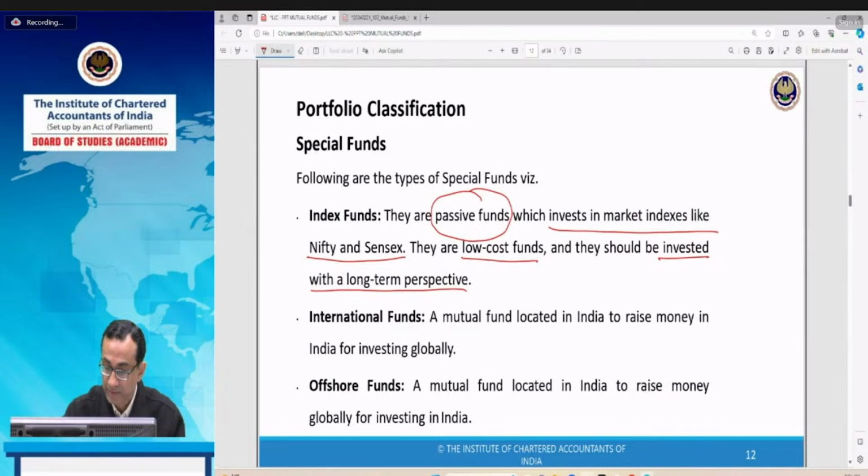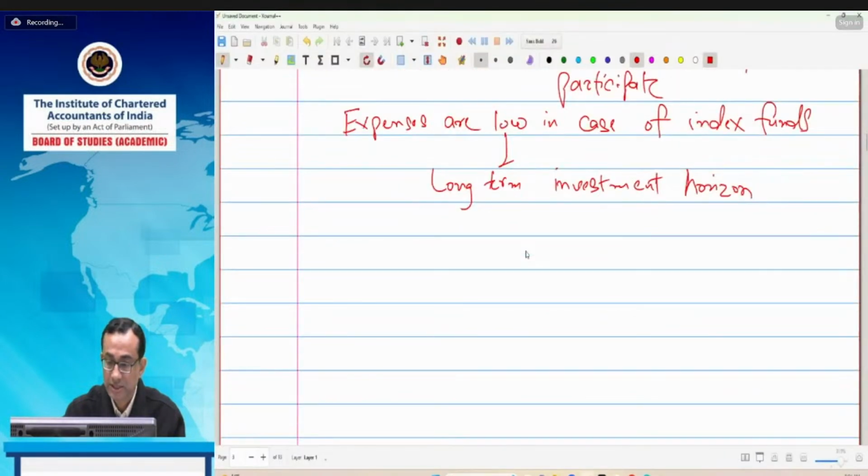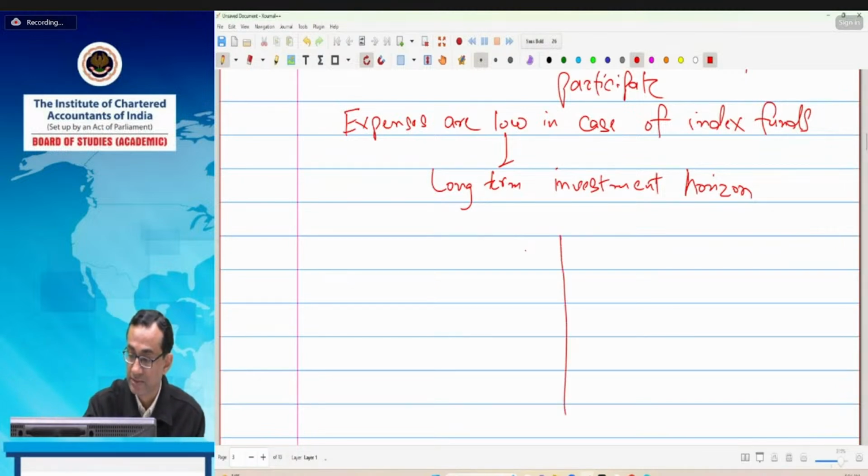The difference between these two, that is international funds and offshore funds, will be clear with the help of the following. Let me try to explain this so that the difference is clear between these two.